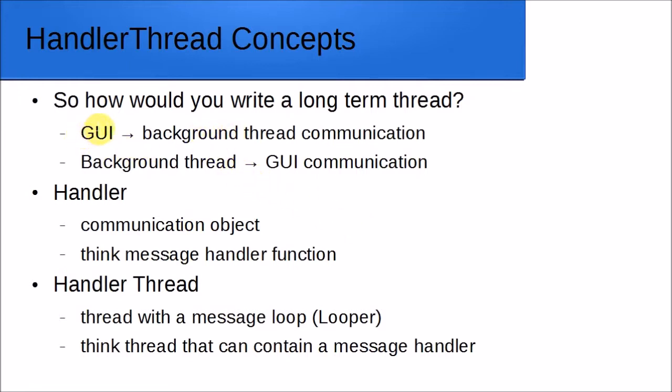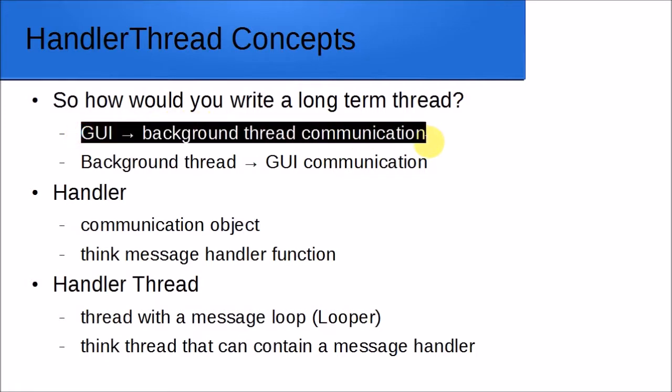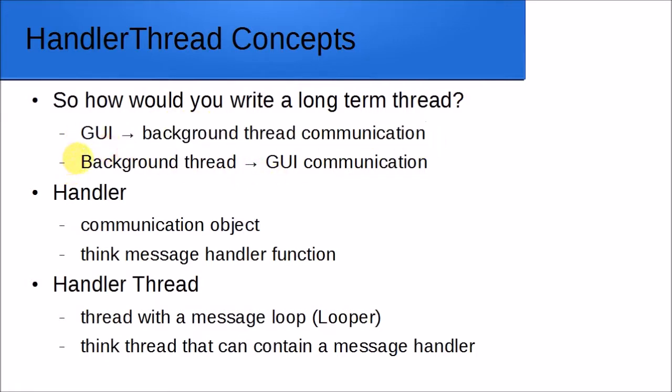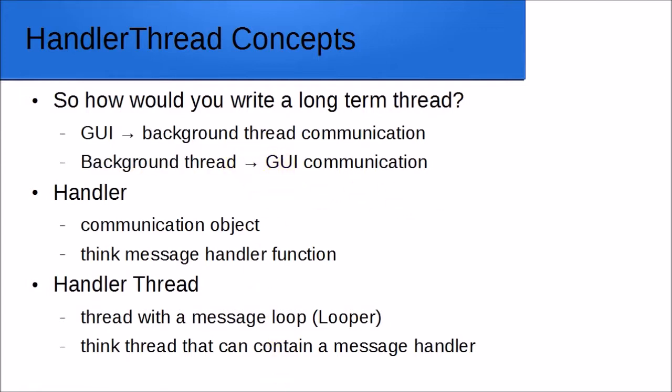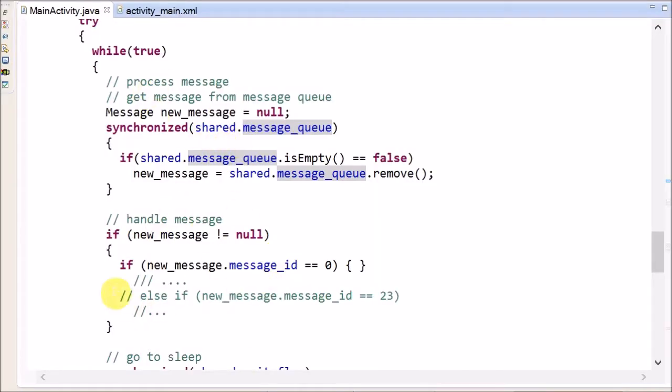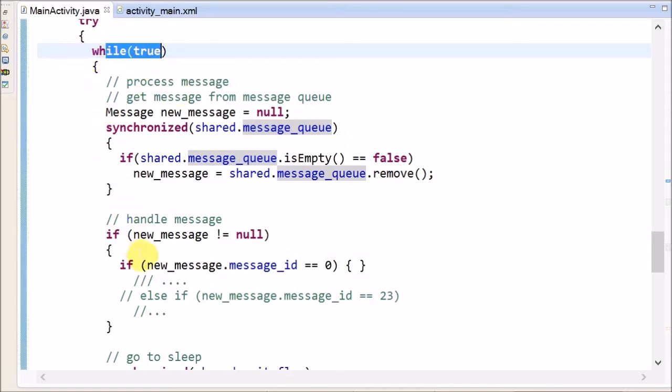So this takes care of the GUI to the background thread communication. This takes care of this part. So how do you do this other part? As I mentioned before, this has to do with the GUI framework. The GUI framework has to provide some way for you to do it. In general, the GUI itself is a big message processing loop, like I have it here.